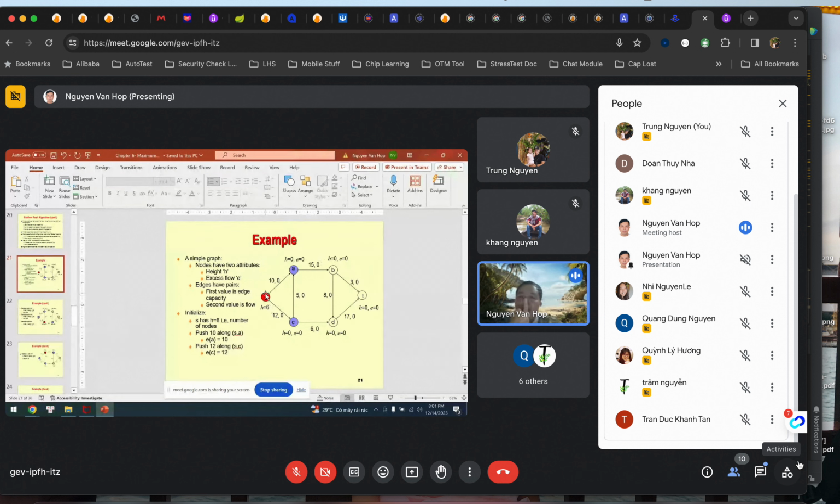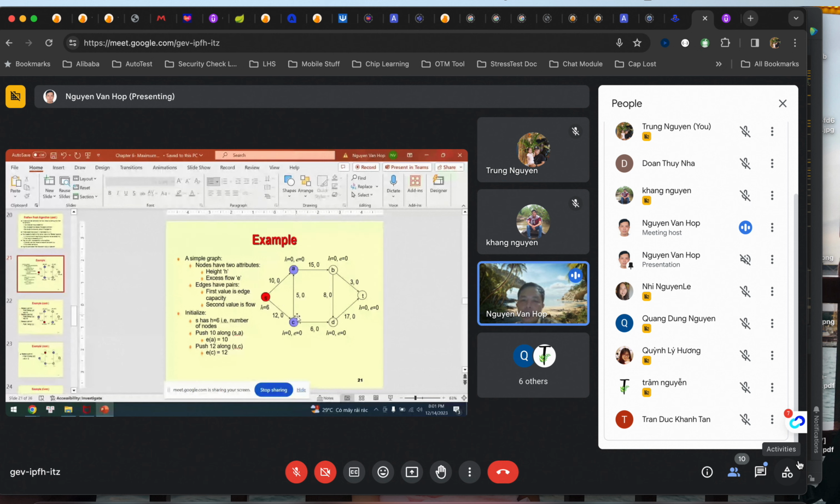And remember that in each iteration we can adjust only 1 unit of height. The excess at the beginning for all remaining nodes is 0. Now at the beginning, from the source node, the height is 6. The height of the neighbor nodes will be 0 and 0 here.